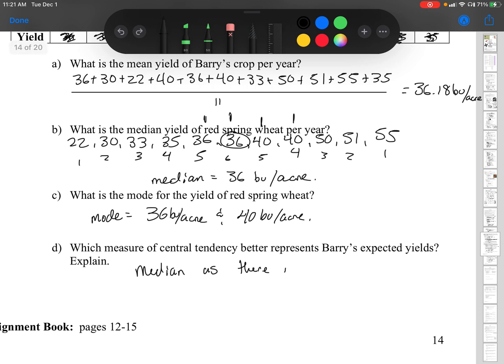Let's get back here. It's not heavily affected by outliers.